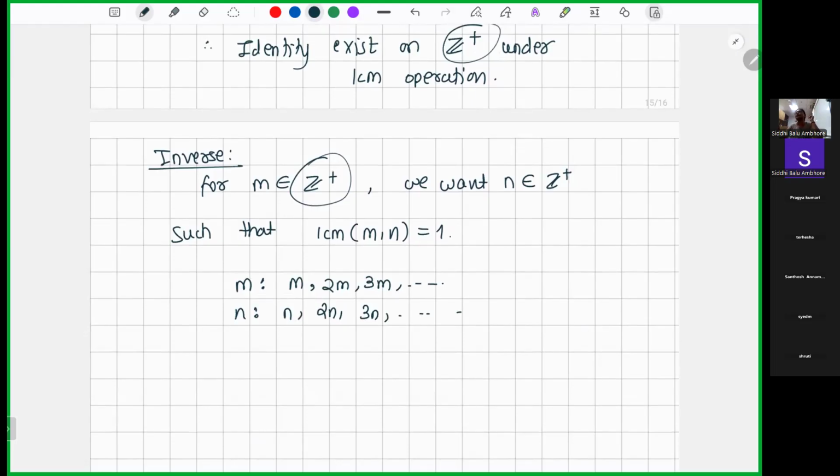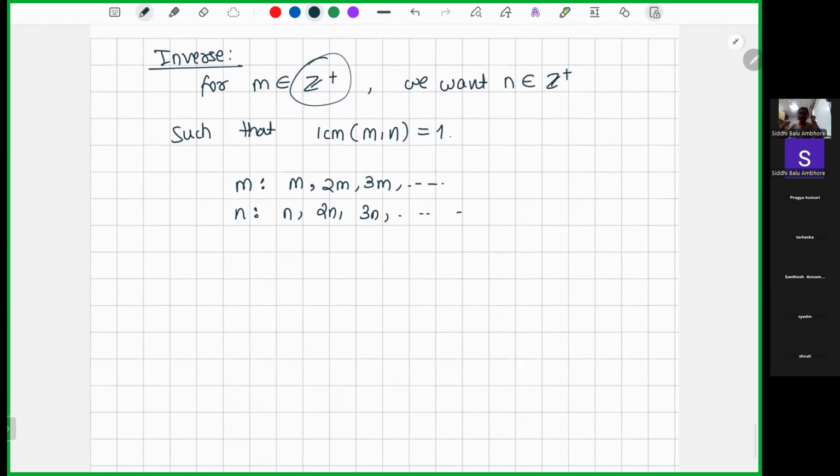And that's how I get my LCM. So when we talk about LCM of two integers, it is at least greater than or equal to both m and n, right? So LCM of m and n is greater than or equal to m, and it is greater than or equal to n. Is this clear?